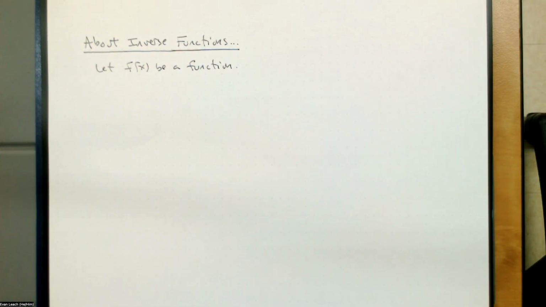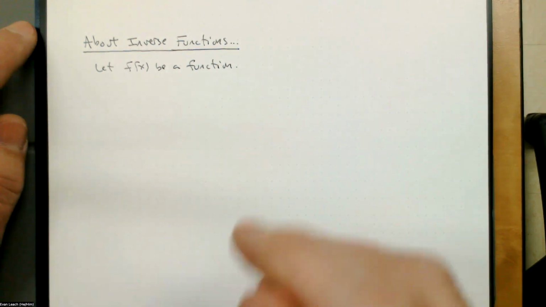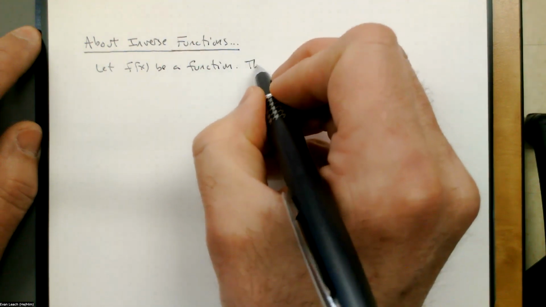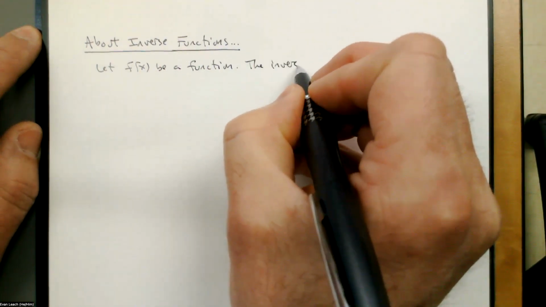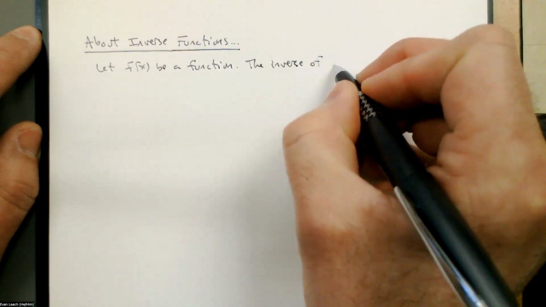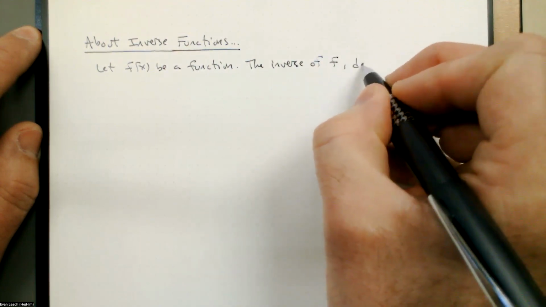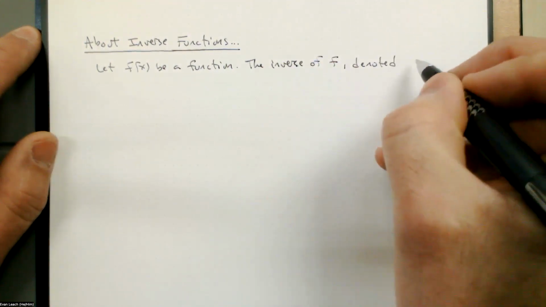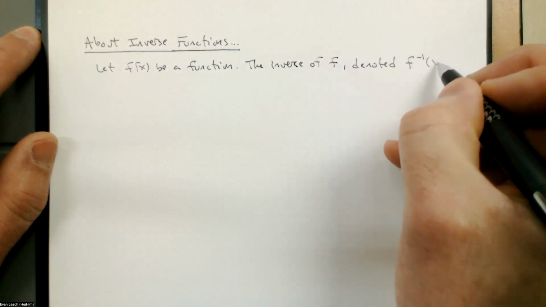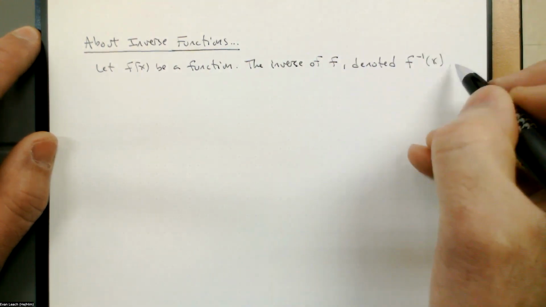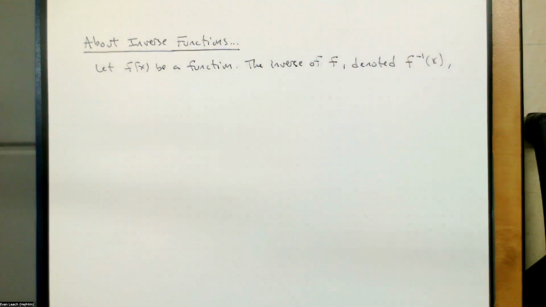So let f of x be a function. The inverse of f, our notation for f inverse was to write f to the -1. Doesn't work when you're speaking it.